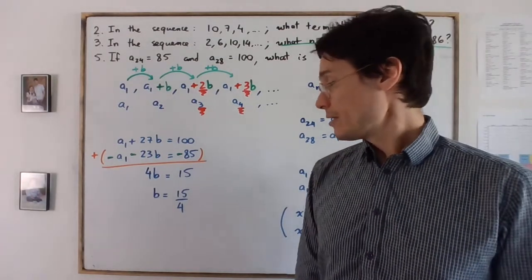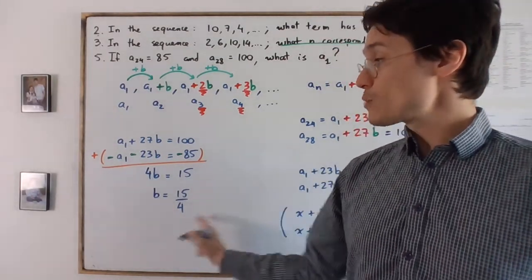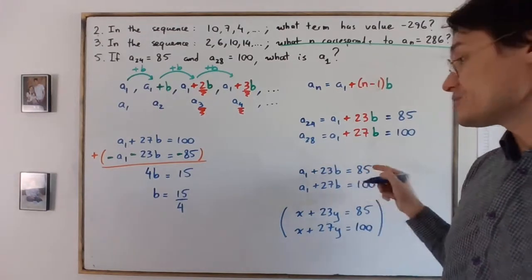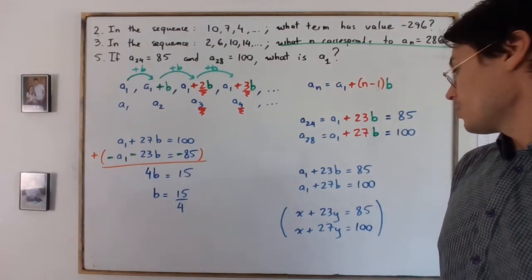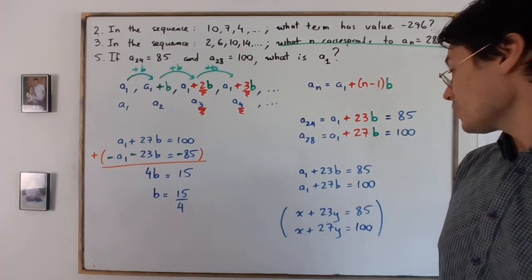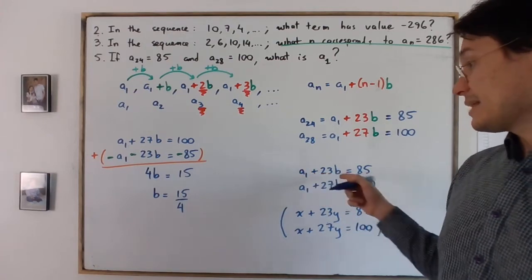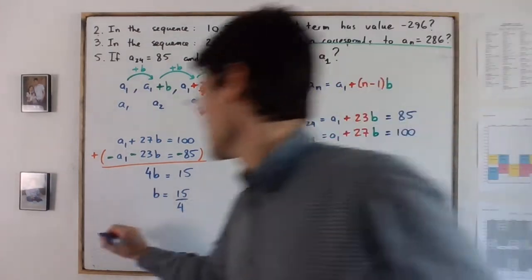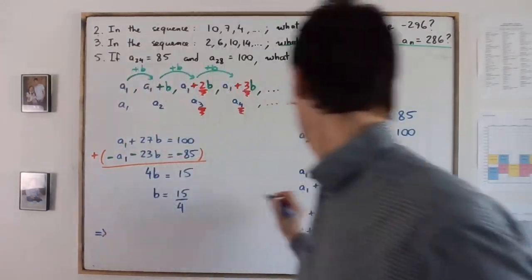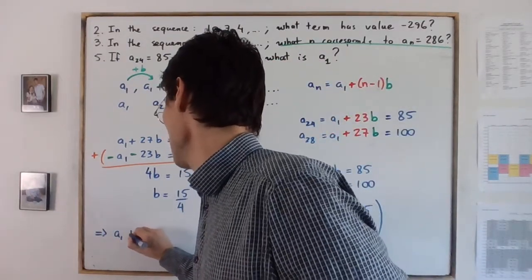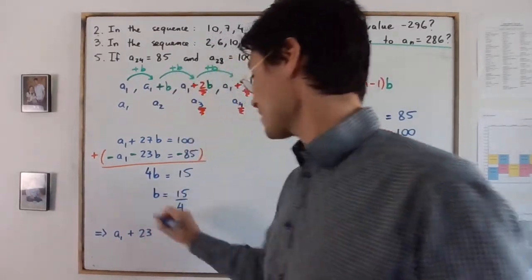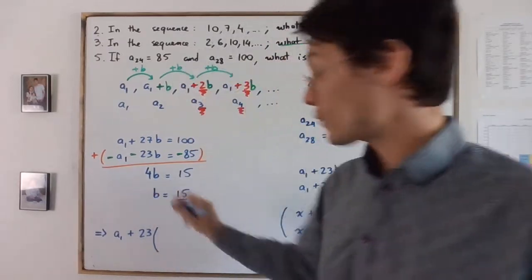Now from there, what you want to do is simply to replace B in one of these two equations. For example, I will replace it in my first equation here. So you have A1 plus 23 times the value of B that we found right here.